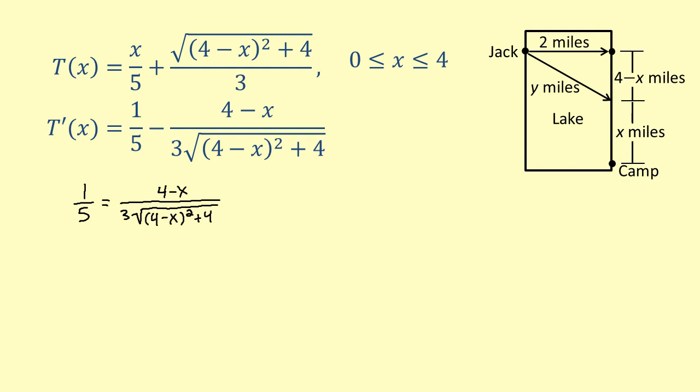Let's remove the fractions by cross-multiplying. That gives us the denominator that includes the square root on the left side, and then 5 times the quantity 4 minus x on the right side. Next, we'll remove the square root by squaring each side.